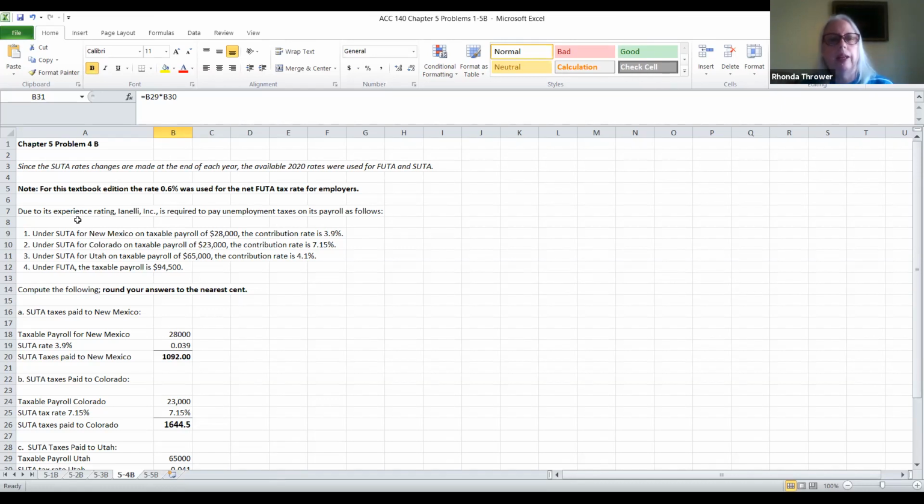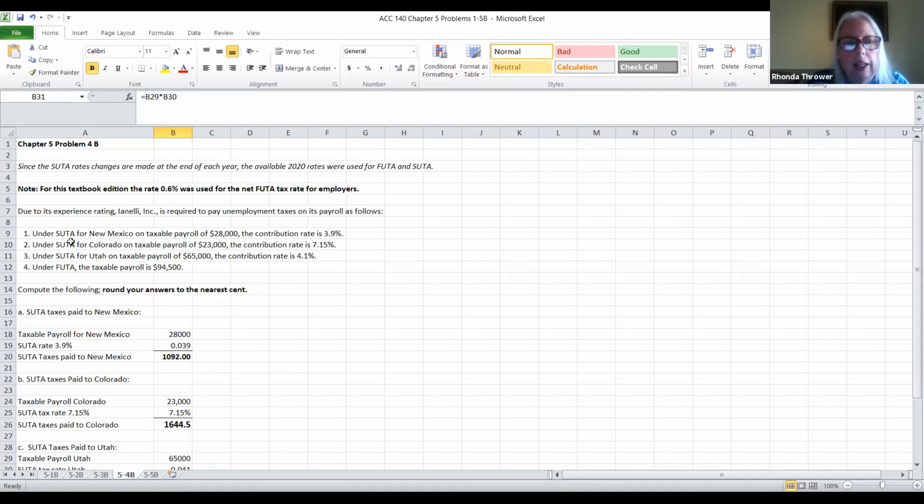on their state taxes. So this particular company, Llanelli, is located in several states, and each state has its own SUTA tax rate. And again, you can find a list of the tax rates on figure 5.1 on page 5-13 of your textbook.